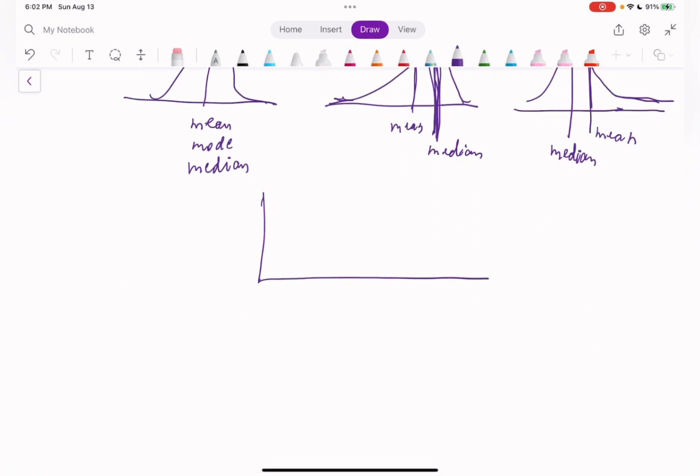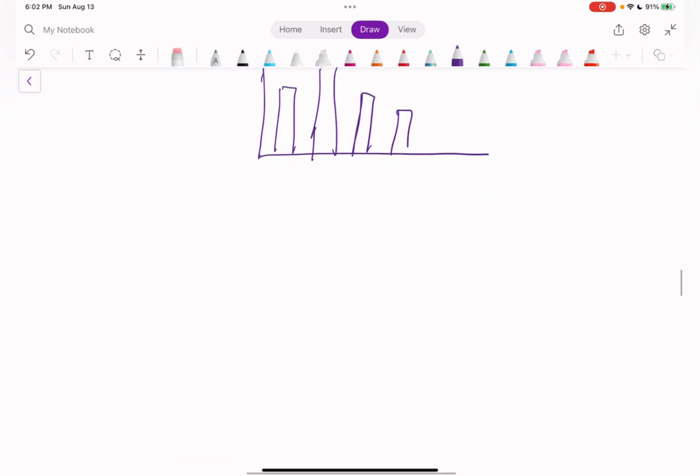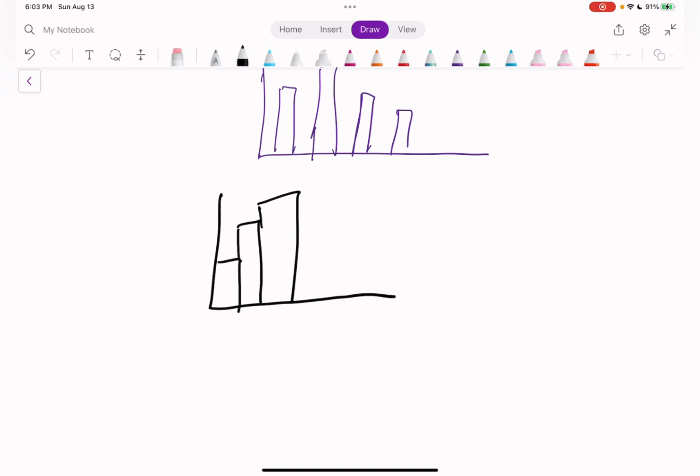If a bar chart looks like this, the histogram doesn't have this space. They share the wall between these two columns, okay? It can be any shape, but this is how a histogram looks. Histogram is used for large samples, okay?